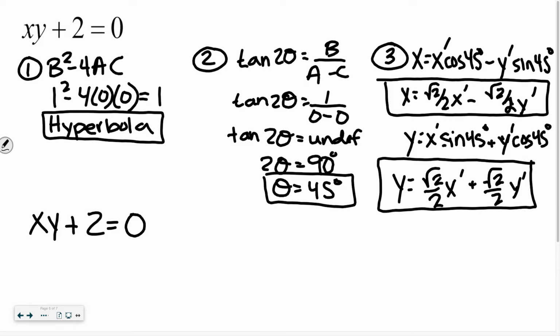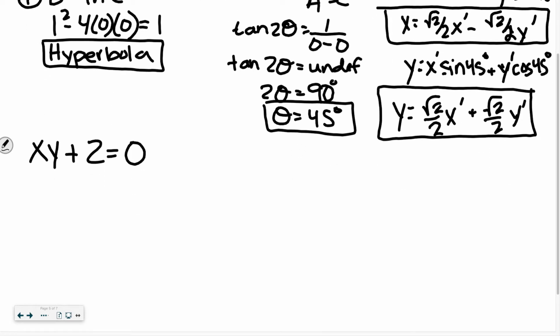I need to make a substitution for x and y. In place of x, I'm going to write this: square root 2 over 2 x prime minus square root 2 over 2 y prime. And in place of y, I write my other version.